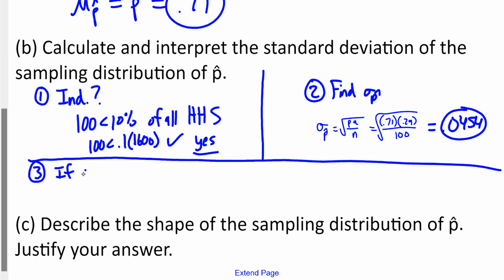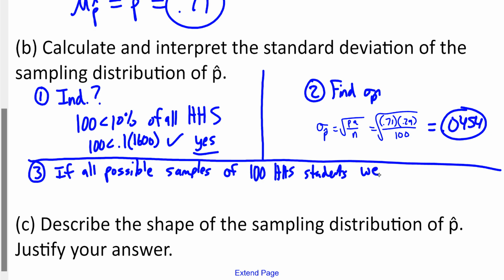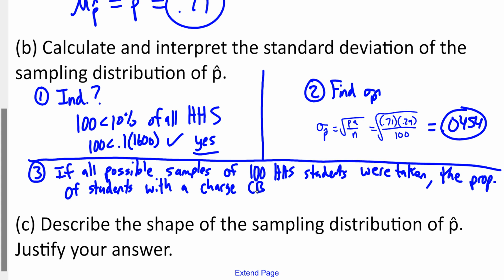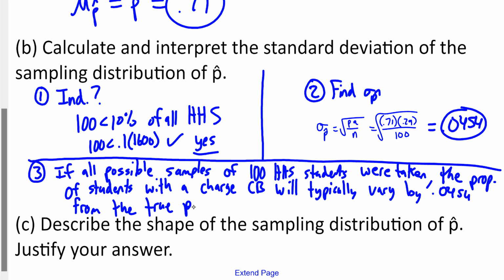So if all possible samples of 100 Hamilton High School students were taken, the proportion of students with a charged Chromebook will typically vary by 0.0454 from the true proportion of 0.71.